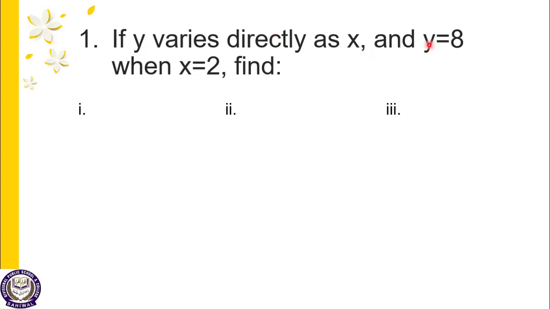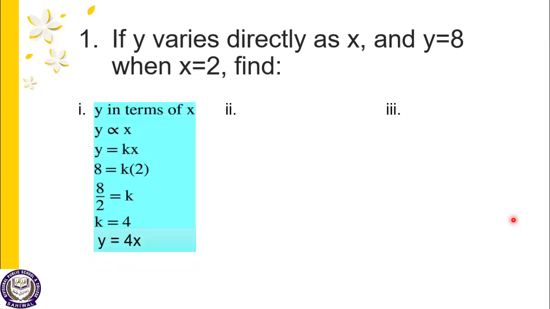The value of y is 8 and the value of x is equal to 2. Then we have to find. The first part is we have to find the value of y in terms of x. For this, first of all, we replace the sign of proportionality with the constant of proportionality and equality. So y is equal to kx. Putting the value of y and x, we get k is equal to 4.